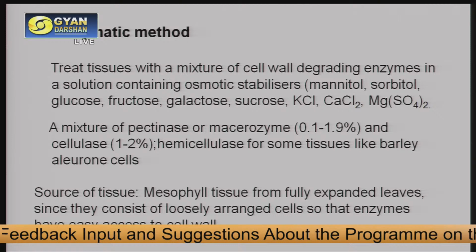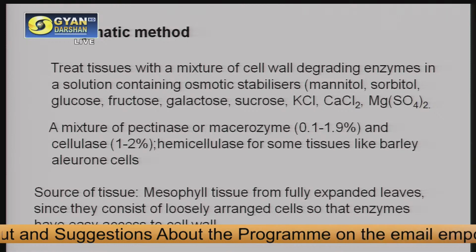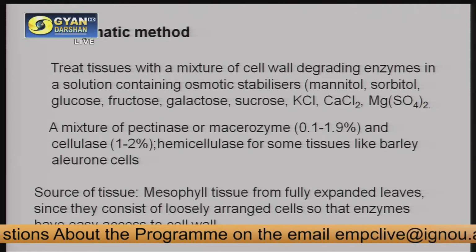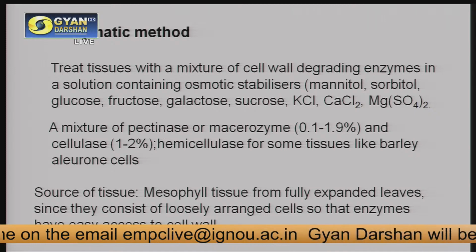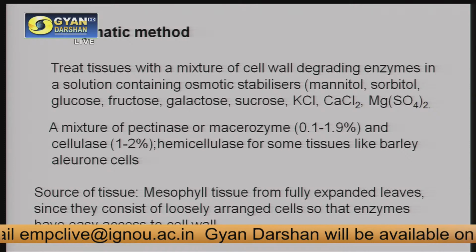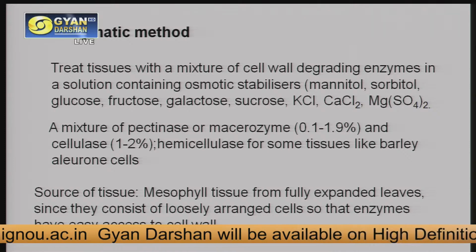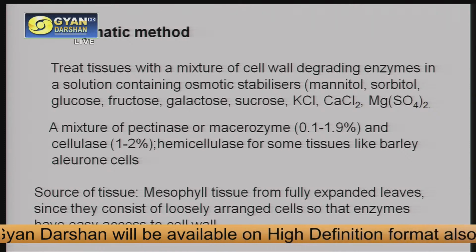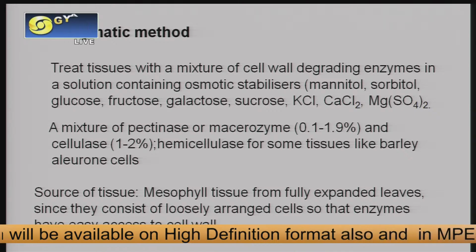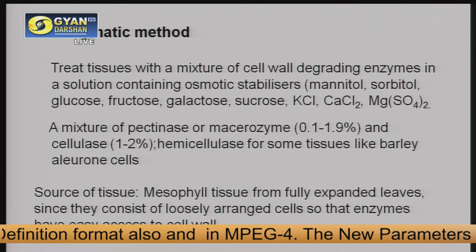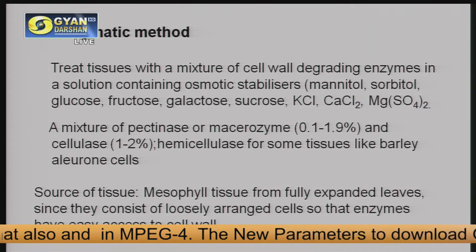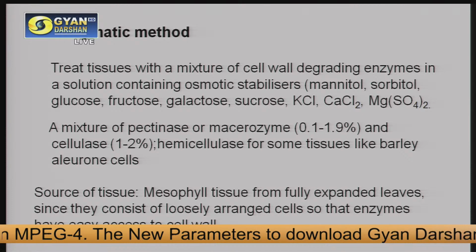So we mostly use the enzymatic method, that is, we treat the tissue with different kinds of cell wall degrading enzymes like cellulase, pectinase, or macerozyme in different concentrations, and hemicellulase. Usually we use mesophyll tissue because here the cells are very loosely arranged, so the enzymes are better able to access them.